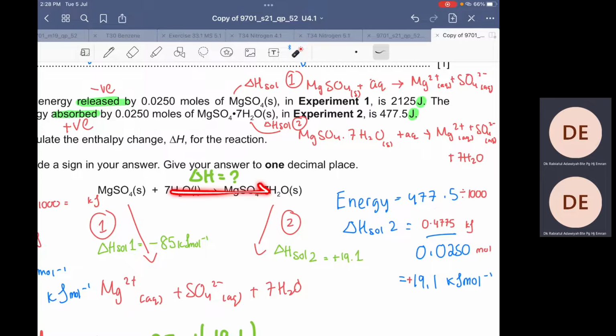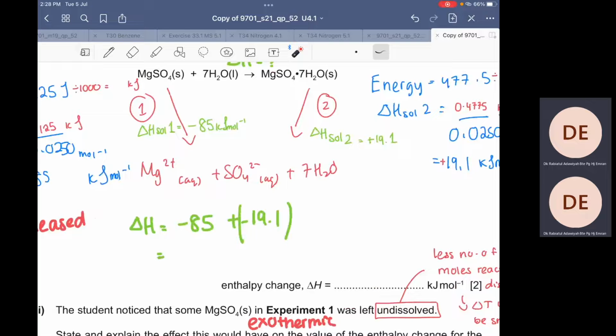So I want to find delta H, that's my resultant arrow. So going from 1 and up there, and that's the total opposite of reaction 2, okay? So the answer should be 1 minus 2.